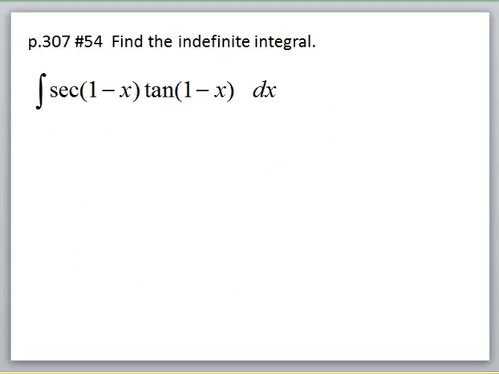In my next example, I have two trig functions, but this isn't one where I need to think about choosing one of my u's to be an actual trig function because I know what the integral of secant u, tangent u would be. So I'm going to pick my u to be 1 minus x, which makes my du be negative dx.